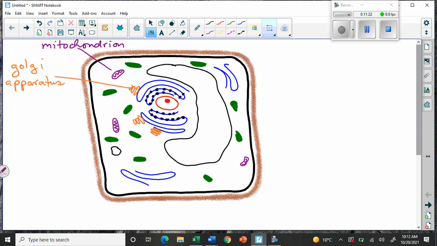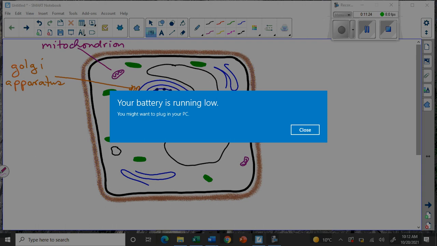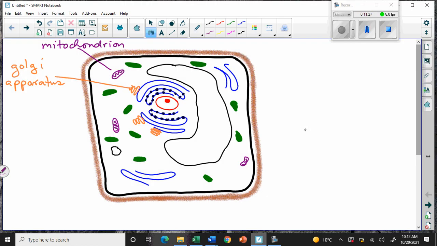There he is. Okay. And then we can do green here for our chloroplast. So I'll put that over here. Chloroplast, which contains the chlorophyll. We'll talk about that after.